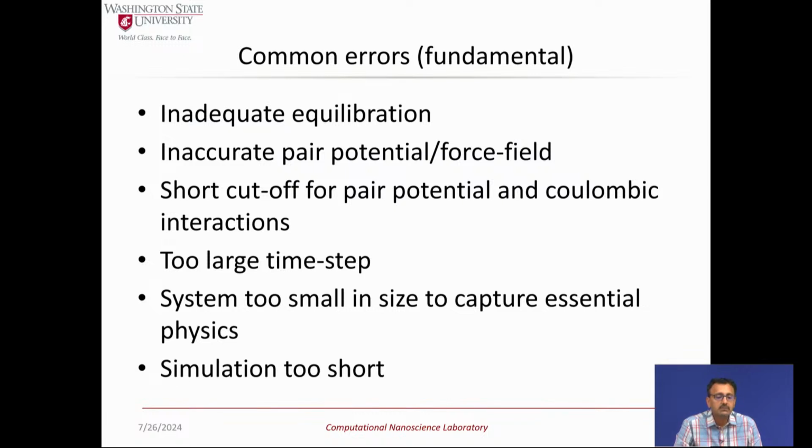So, what are some of the common things to watch out for while you run these calculations? Obviously, one of the most important ones is making sure your system is equilibrated. And like I mentioned, the best way of checking that is routinely outputting the characteristics of the system. The thermal properties could be configurational energy, temperature, pressure, making sure that the system is behaving the way you expect for an equilibrated system.